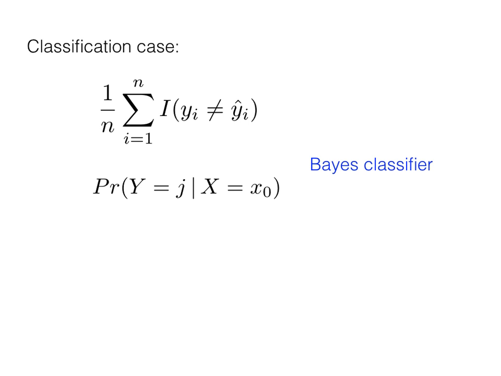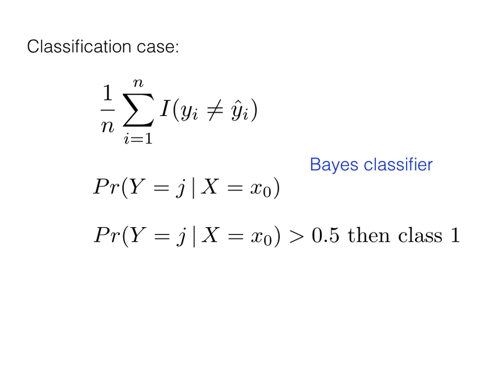So it's the conditional probability of the result being j at that particular data point x0. We want to choose the j that gives the highest posterior probability, or conditional probability. And it turns out if you do that, that's about as good as you can do. This is called the Bayes classifier.